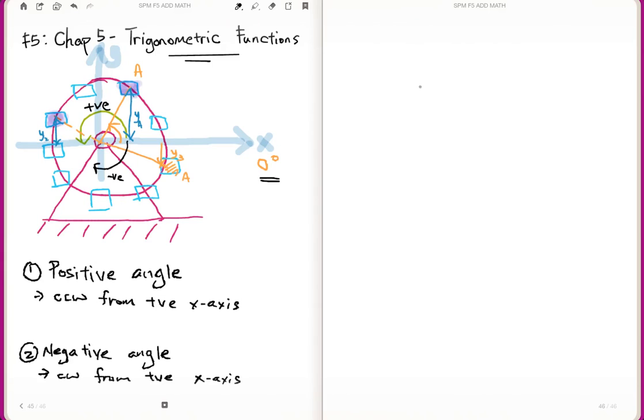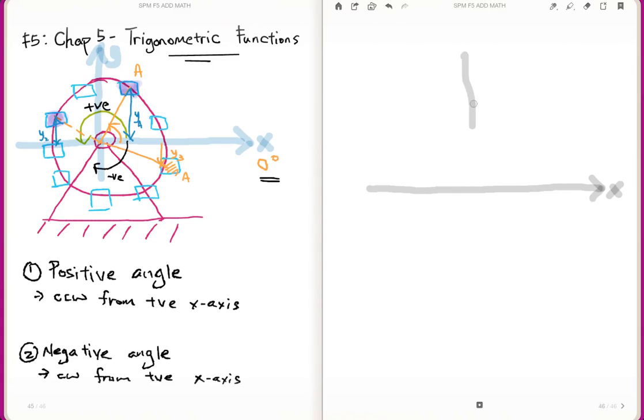Now, how do you define sine, cos, tangent? And also, how do you know when each is positive or negative for the respective trigonometric function? Say here we have the x-axis, and the vertical would be my y-axis.